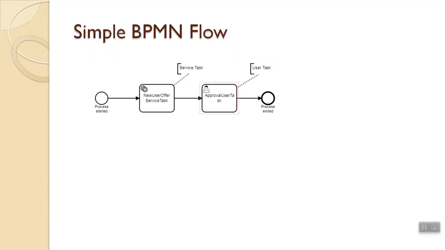So here I have used different notations to specify that to write a new service I need a Java class, or I need some programming, but to approve it I don't need any program for that. I need user interaction. So in that case you can see that BPMN 2.0 or whoever is implementing that, like Camunda or Activiti or Alfresco, they will provide you this kind of boxes or the notations, and with the help of that you can design your requirement. So it's a simple flow of BPMN. I have designed it with the help of Camunda.